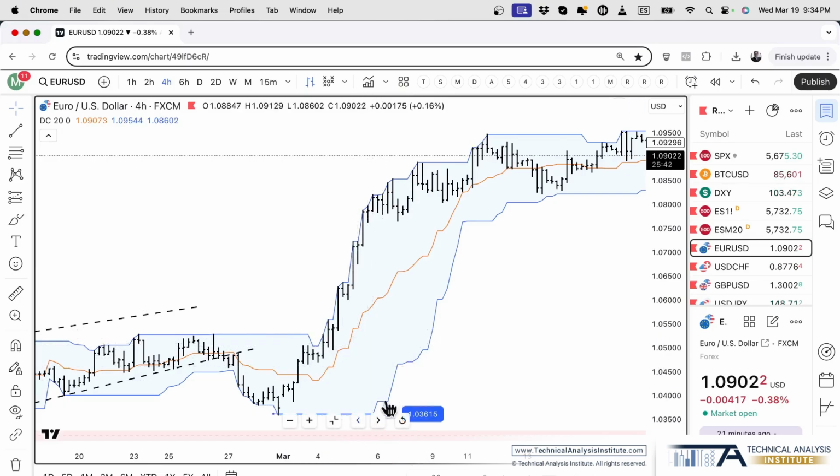So perhaps it's not a good idea to put a stop on the opposite band and then trade it from there. Although it could be good, you have to test it. But perhaps the middle line would be a better place, and trail it below it or above it if you're going short. So let's look, for instance, this was a 4-hour chart.